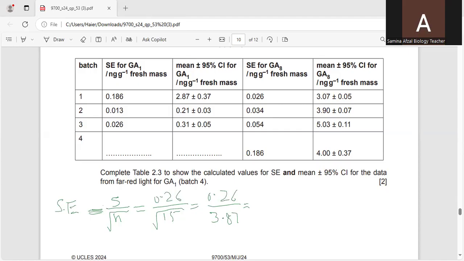It is equal to 0.067. So we will write 0.067. Now we have to find out the mean plus minus 95% CL. So 95% CL is equal to mean plus minus.